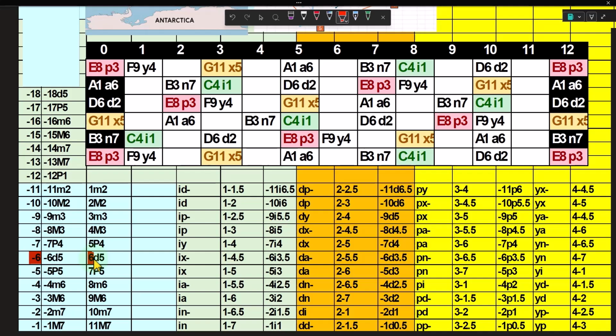But I'd have to know it's a diminished fifth or augmented fourth. Therefore, the diminished fifth or augmented fourth could be basically 6 steps forward or 6 steps backwards. So that means I can also go backwards any octave of that. So -6 minus another 12, or minus an octave, or it's a -18 diminished fifth.